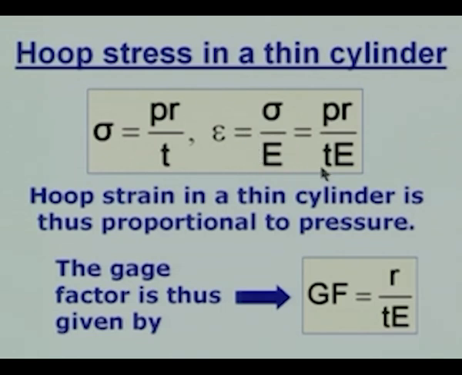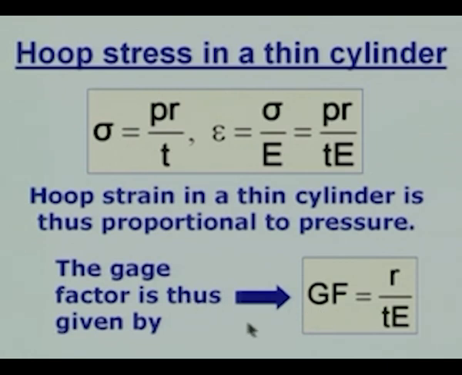In fact, I can use this expression epsilon equal to P R by T E to define what is called a gauge factor. That means, epsilon is equal to some constant times the pressure. It is a linear relationship between the hoop strain and the pressure, where epsilon is equal to P times some constant, which is R by T E. So, I can say that this R by T E is the gauge factor, which I call GF.